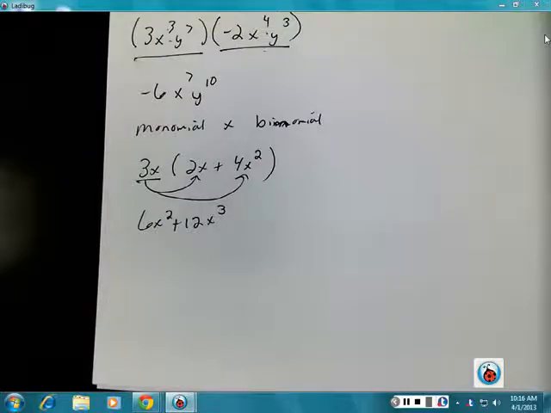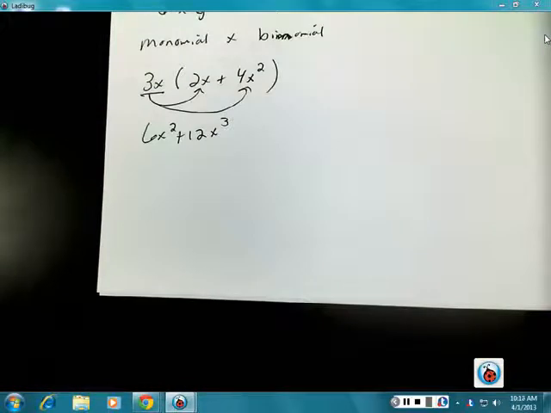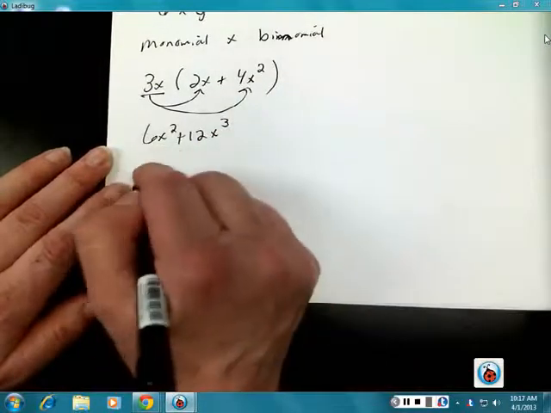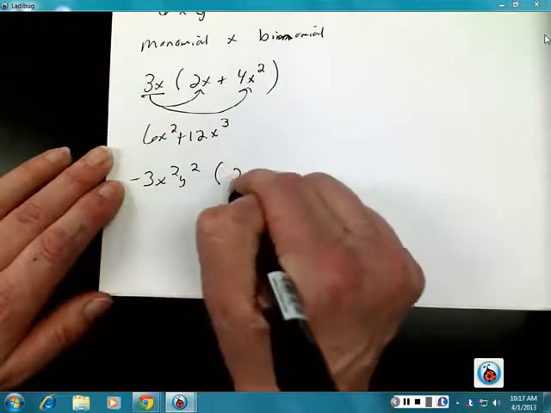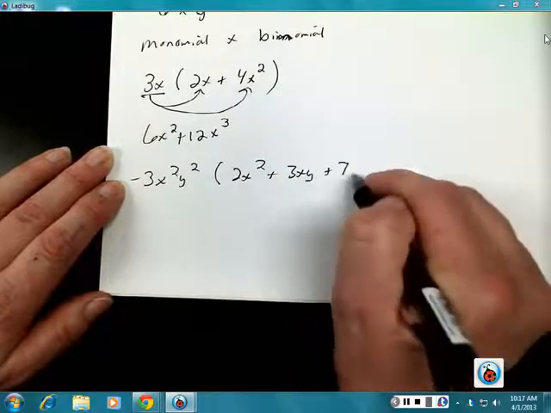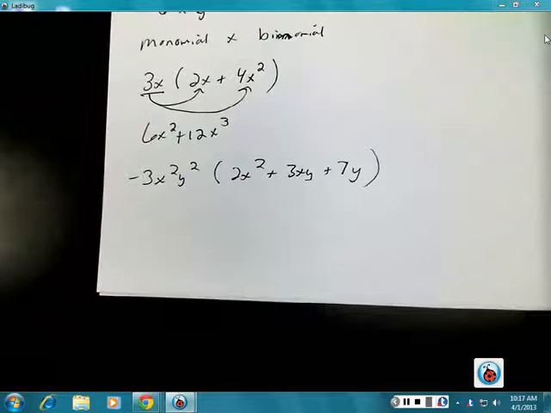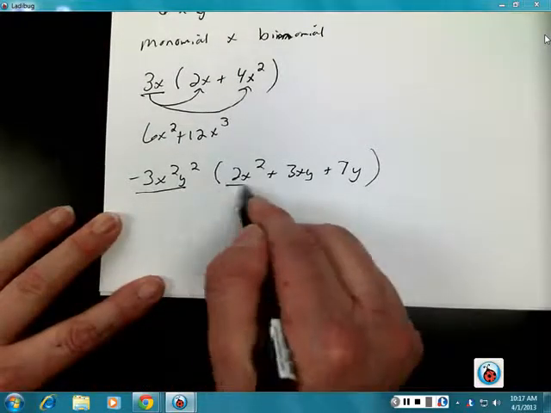Yes. Okay. And so as you do those monomials times a binomial, you just got to watch where your pieces are at. So if I have a negative 3x squared y squared times 2x squared plus 3xy plus 7y, what will I end up with this one? So all I'm doing is again taking this, timesing it by the first piece.